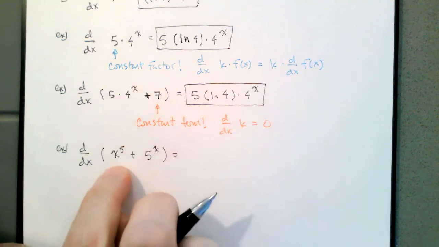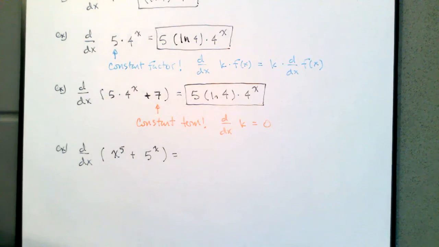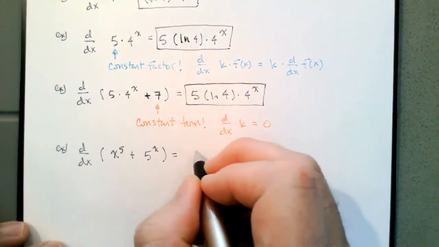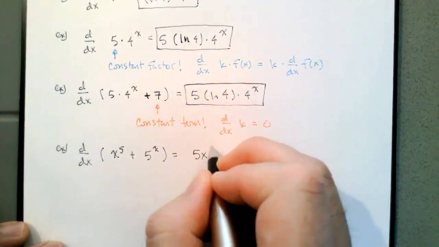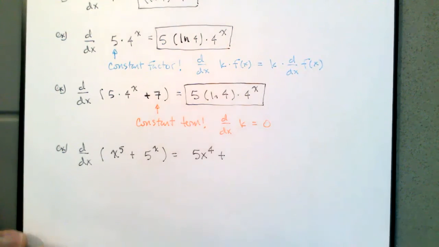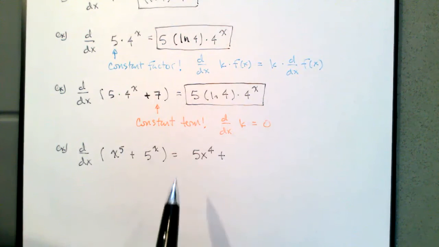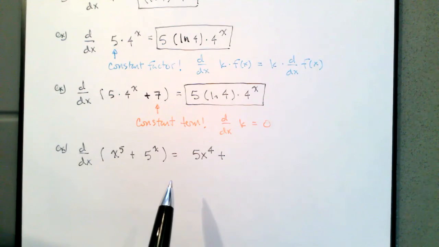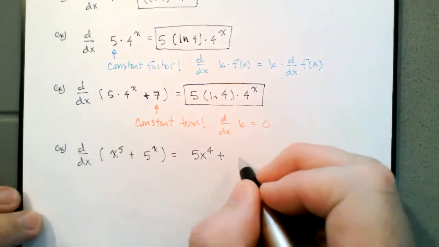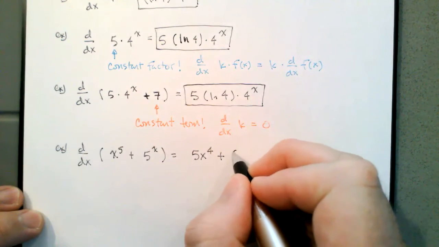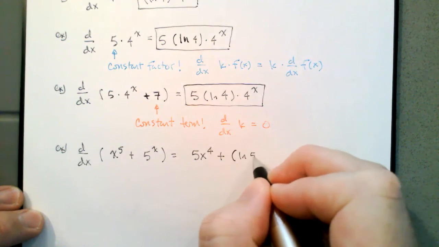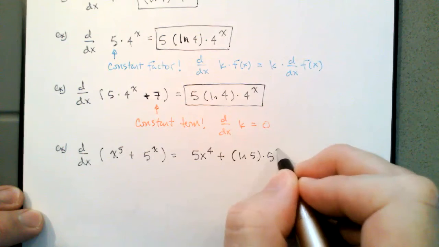So here in the first term, the base is variable, the exponent is constant. The derivative of x to the 5th is 5x to the 4th. But in the second term, 5 to the x, the base is constant, the exponent is variable. So the derivative of 5 to the x is the natural log of 5 times 5 to the x.